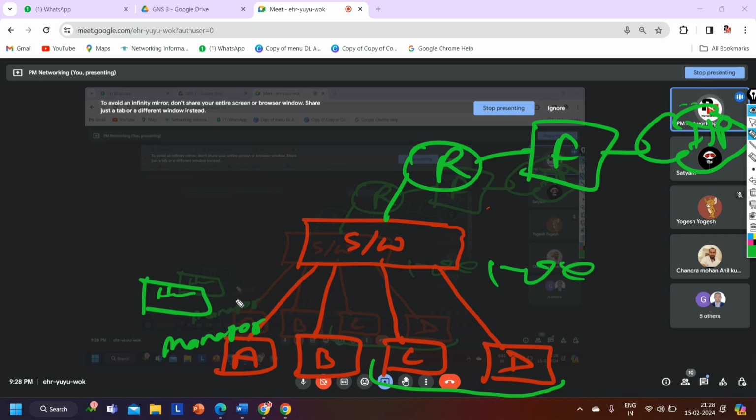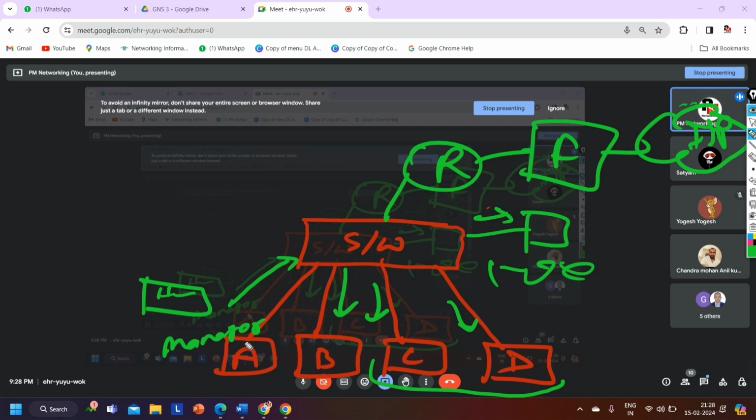So if the manager is sending a broadcast message, that means it will go to the switch and the switch will forward it to everyone, to B, C and D. So how many senders are there? One. How many receivers are there? All in the network. You cannot say 3 only. All in the network. Let's say there are a few more devices. So this device will also receive the broadcast.